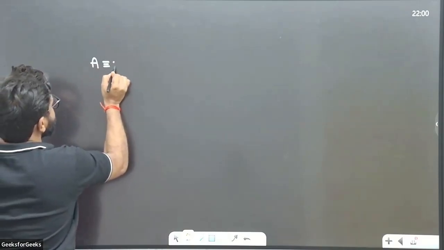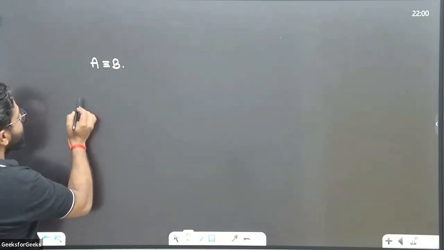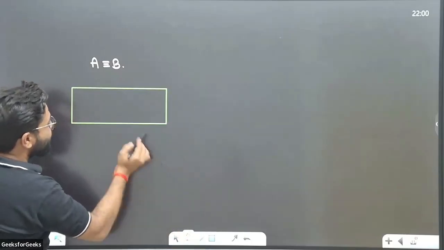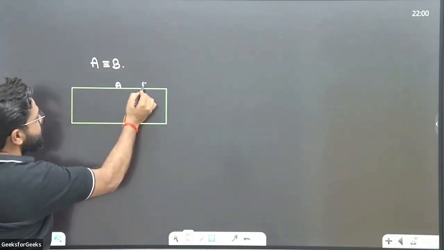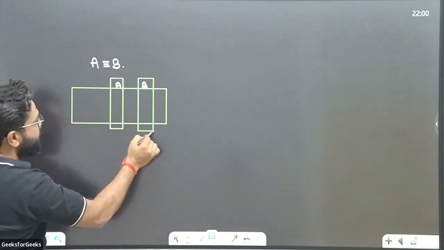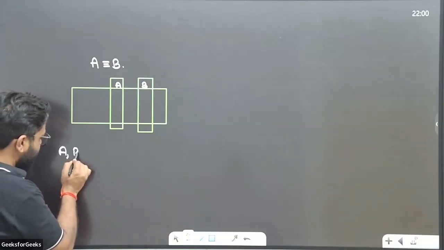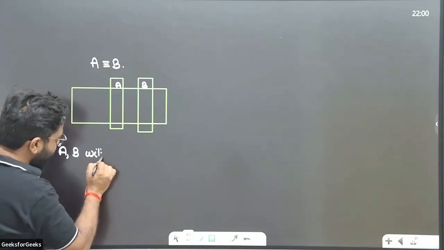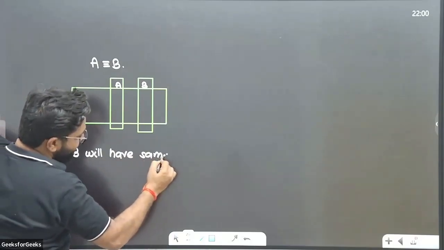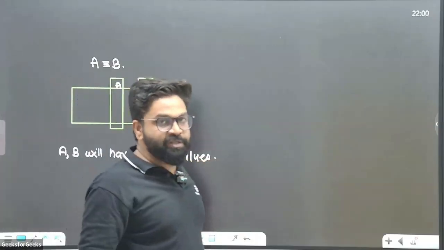Another way of understanding is that this is your column A and this is your column B. Then column A and column B both will have the same value. Another way of writing it is that A and B will have the same values.